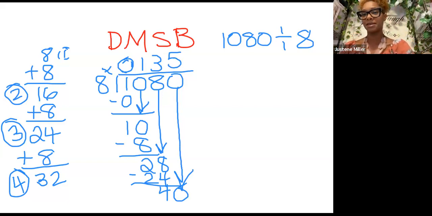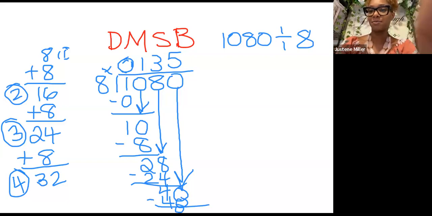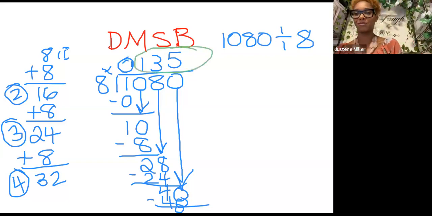Beautiful. 5 times 8 is 40. So I'm doing 40 minus 40. Running out of room, but we know that equals 0. So that's it. All done. My final answer, which I'm going to circle for my lovely teacher, is 135.